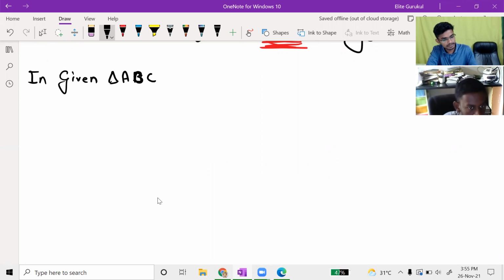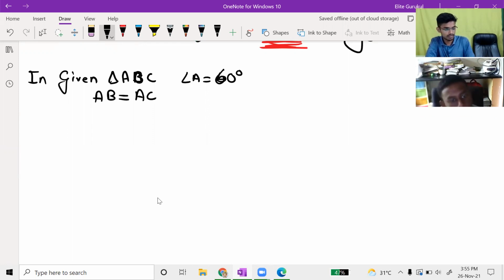In given triangle ABC, angle A is equal to 60 degree, and AB is equal to AC.